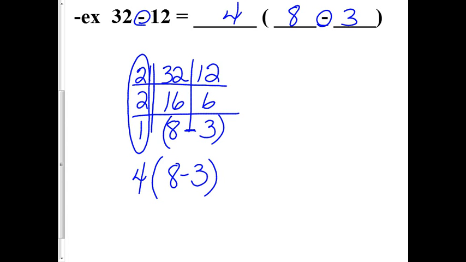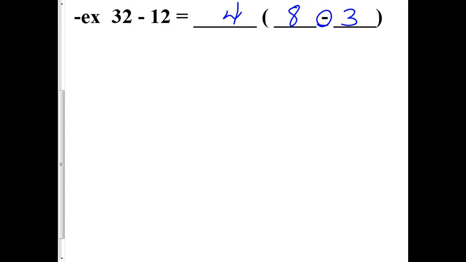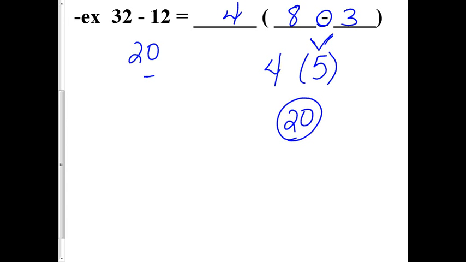And if I actually work that out, sometimes people don't think that this works with subtraction also, but if I actually work this out, 32 minus 12 is 20, and 8 minus 3 is 5, 4 times 5 rather, is 20. So we get the same thing either way. So that does work to factor a subtraction problem as well.